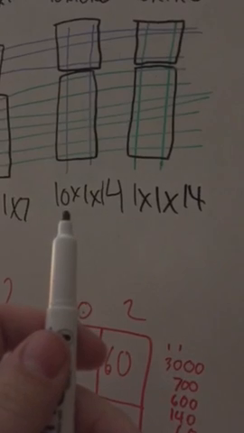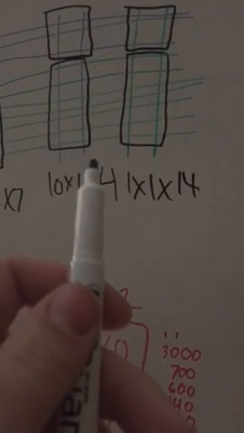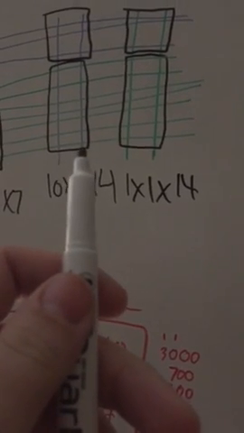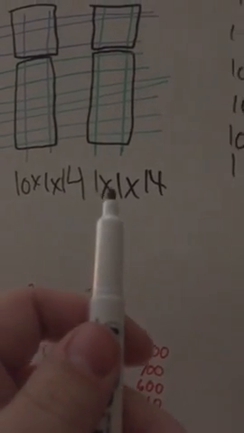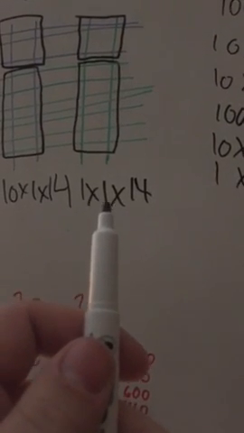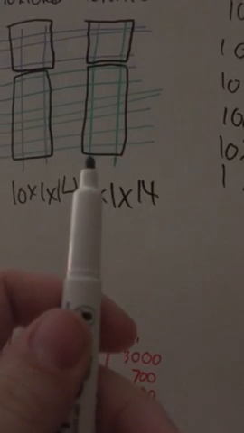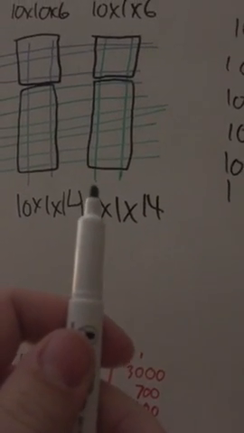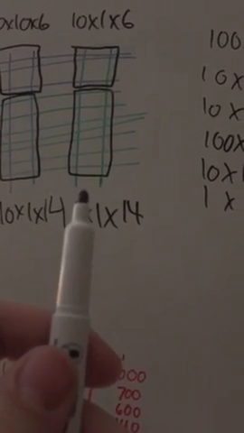And here we also have 10 times 1 times 14, which is the 10's line intersecting the 1's lines, the green lines here, 14 times. And then we have 1 times 1 times 14, because as has been made evident by all the other ones, the 1's lines intersect the other 1's lines 14 times.